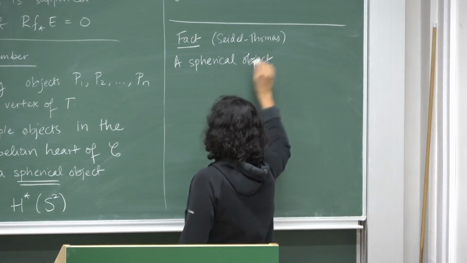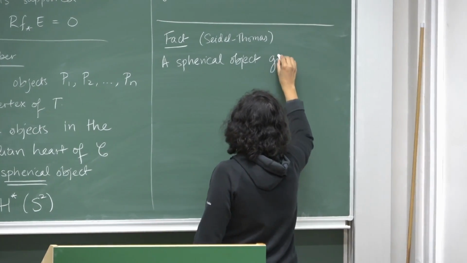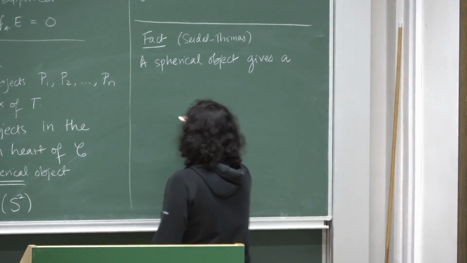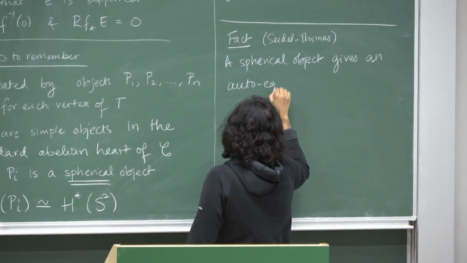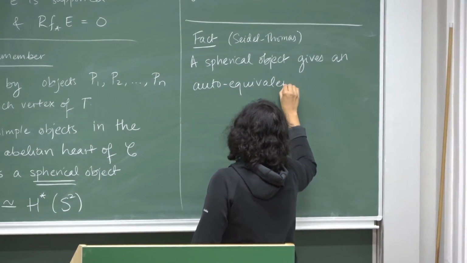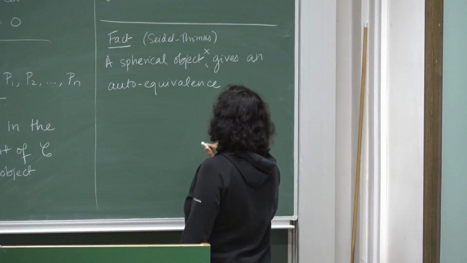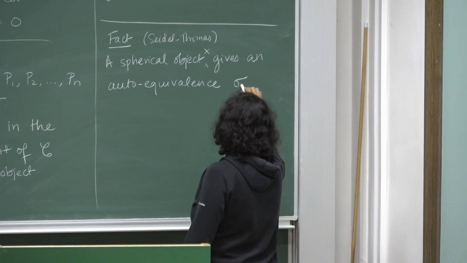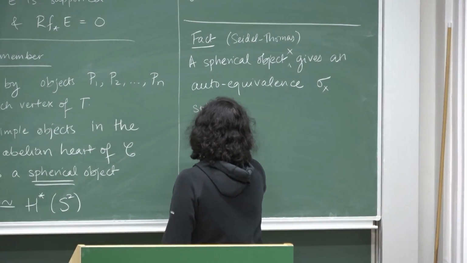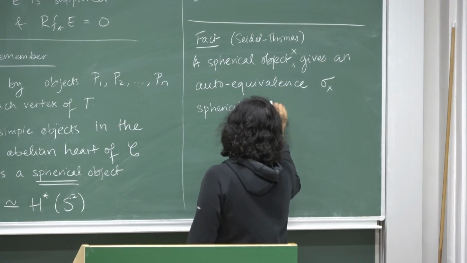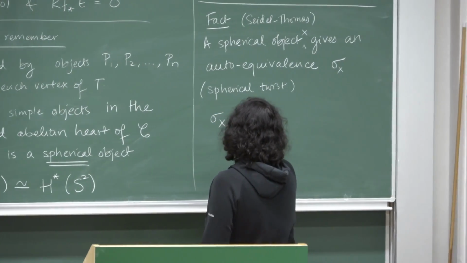If you have an object which is spherical in your category, it gives you an auto-equivalence of the category. Okay, so if you have a spherical object X, you get an auto-equivalence, which is typically called sigma X, known as the spherical twist in the object X, and it's an equivalence from C to C.